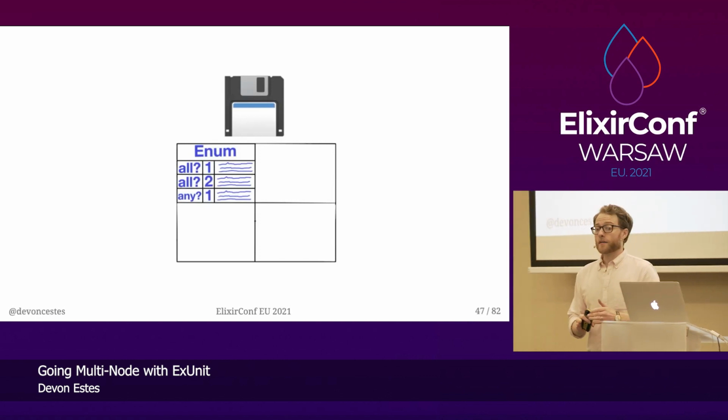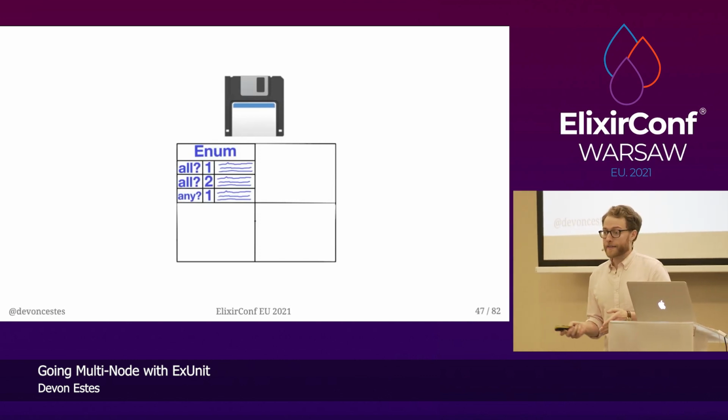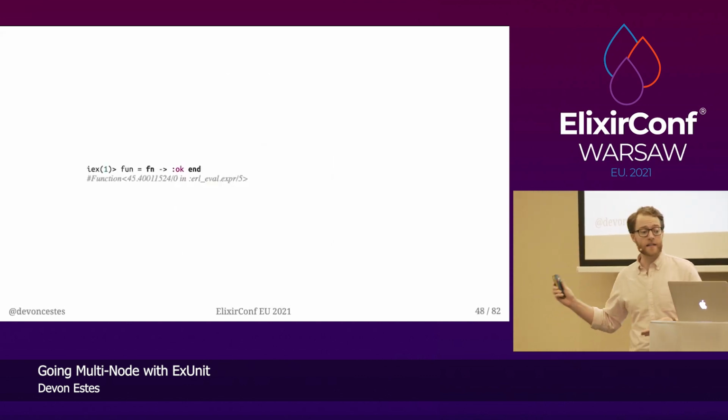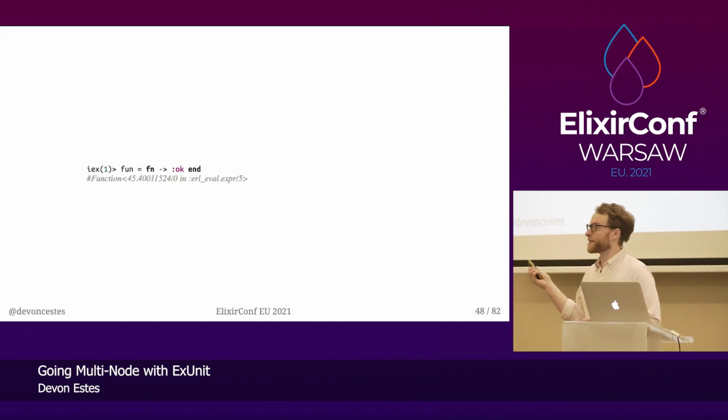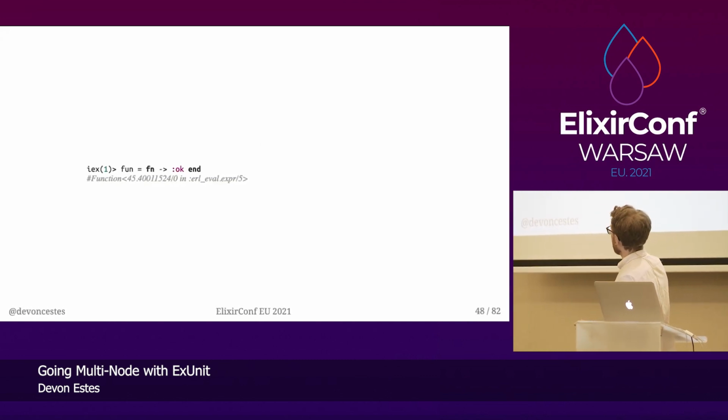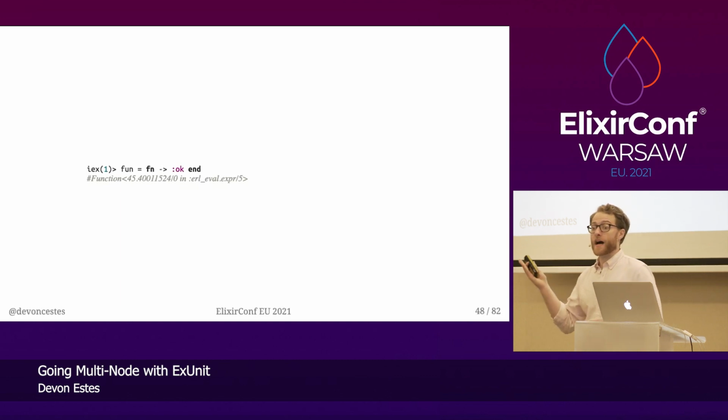For the most part, it's like this. Of course, there are exceptions, but every function has a name in the BEAM. That's the way it works. Every function has a unique name, even anonymous functions. When you define an anonymous function in IEx, you get, as the output, something like function 45.40011.524 arity 0 in :erl_eval expression 5.